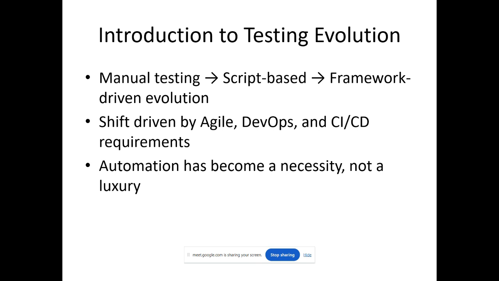Also, this is very tightly coupled with the UI. UI means user interface, the web page which we see in the website. If there is any small change in the UI, this script will automatically fail, right? So these are the pain points of script-based testing.